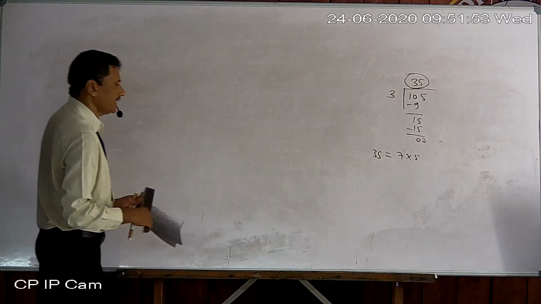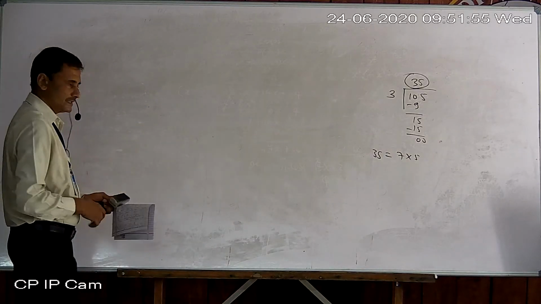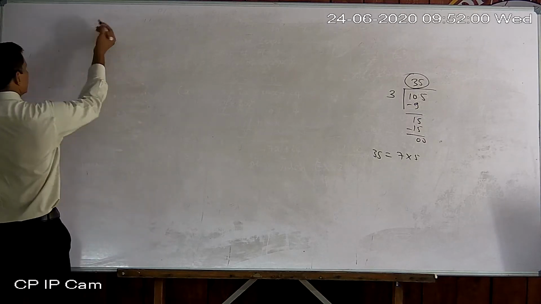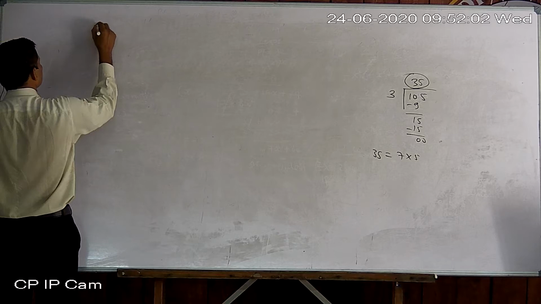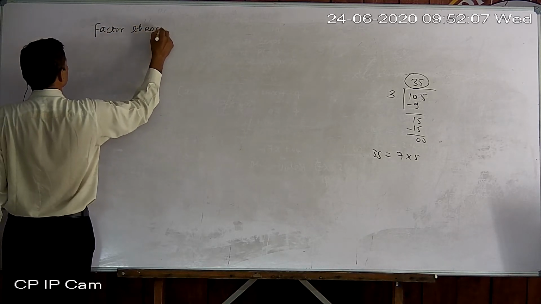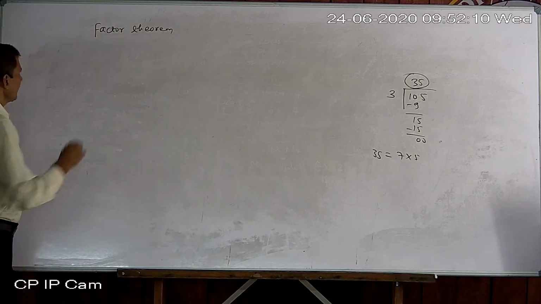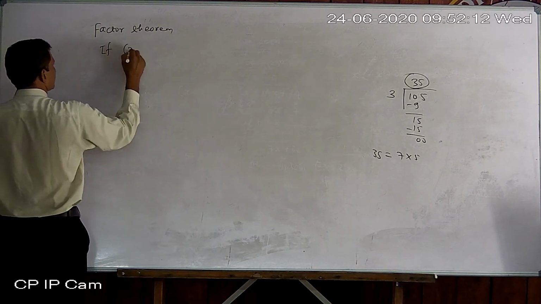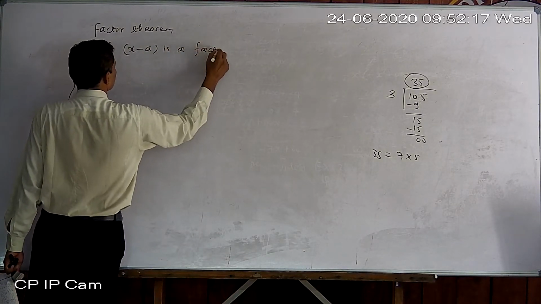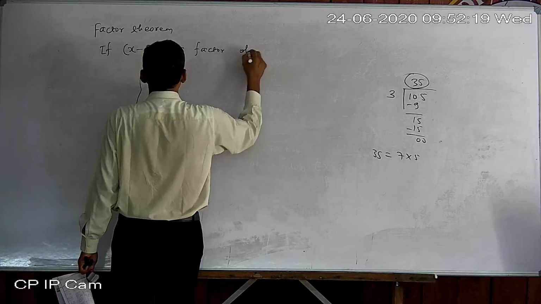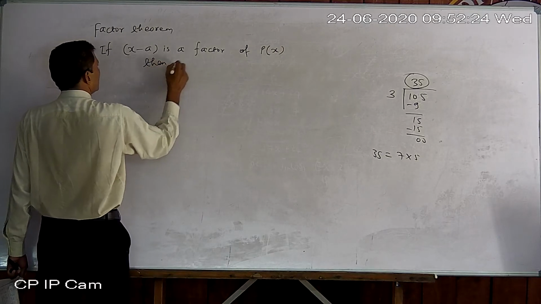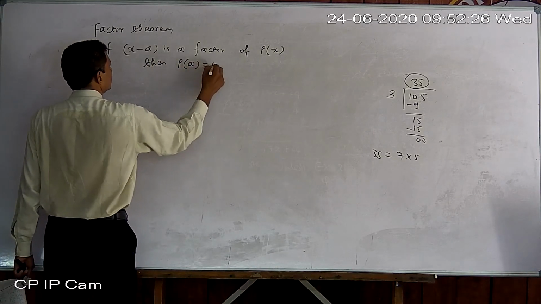Now there is the remainder theorem, or the factor theorem. What is the factor theorem or remainder theorem? Understand well. If x minus a is a factor of p of x, then p of a will be 0.